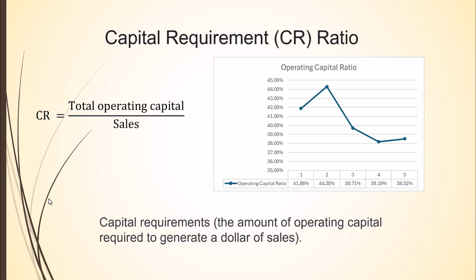The capital requirement ratio basically tells me how much assets we need to perform the operations of the business. We'd like this number to be as small as possible, right? We want to create lots of sales using the least amount of capital possible. So lower numbers can mean that the company is very efficient.